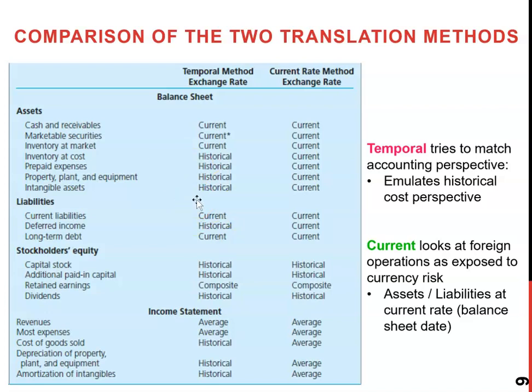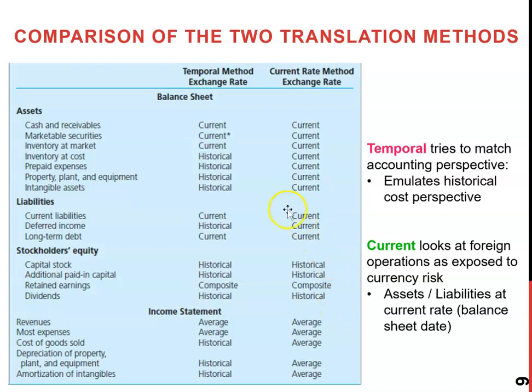So it's a combination. For stockholders' equity, it's the same regardless of the method. Capital stock, additional paid-in capital, and dividends will always use the historical rate. And you have already seen the structure: retained earnings is the result after doing all other parts, and it's a composite number.